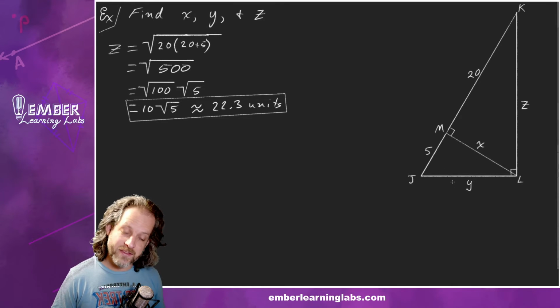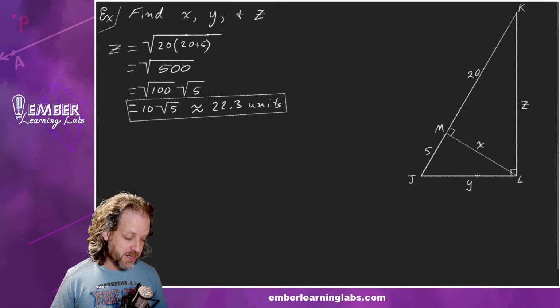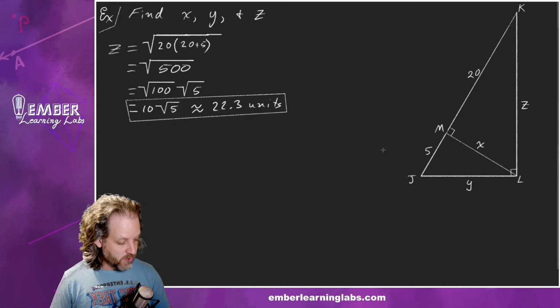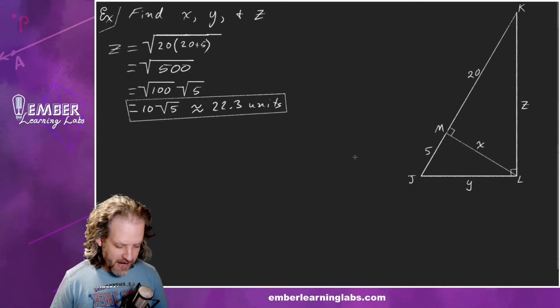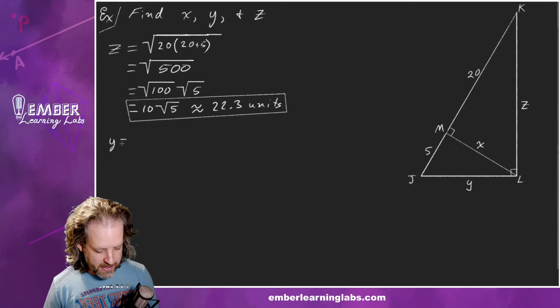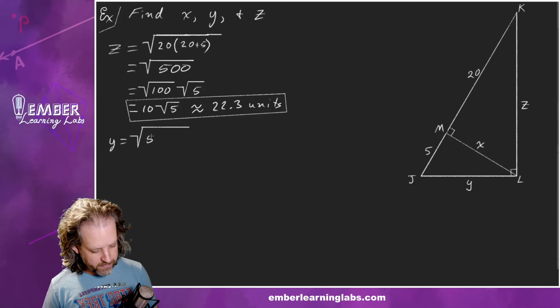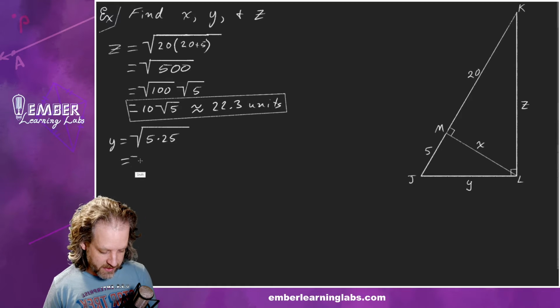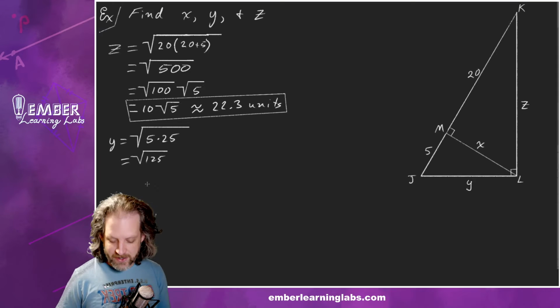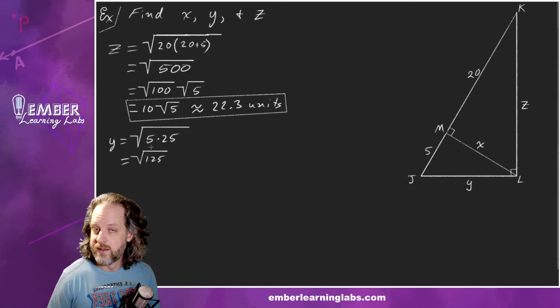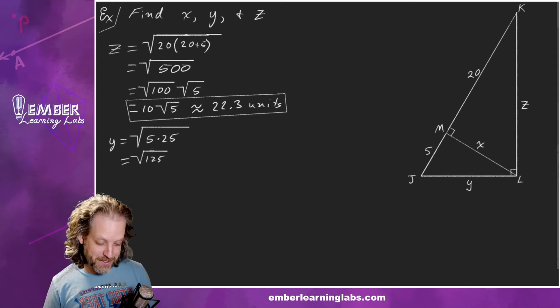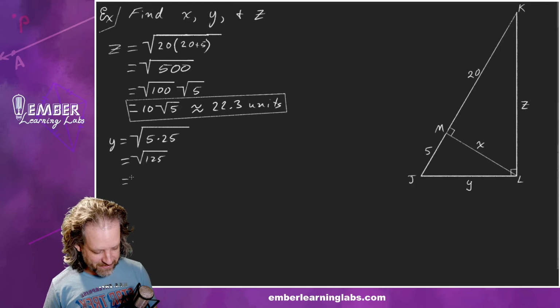Now, y we can find the same way, right? Because y is the geometric mean between 25 and 5. So y equals the square root of 5 times 25. 5 times 25 is 125. Are there any perfect squares that go into 125? Well, 25 does. We could have just left it right there in our simplification, right?